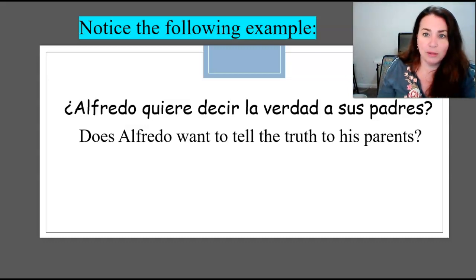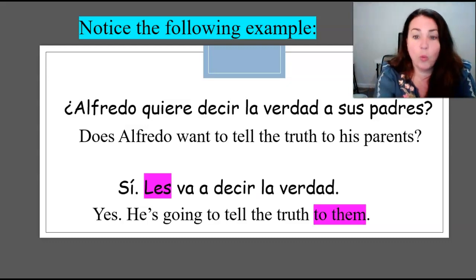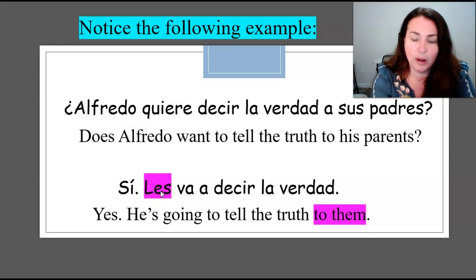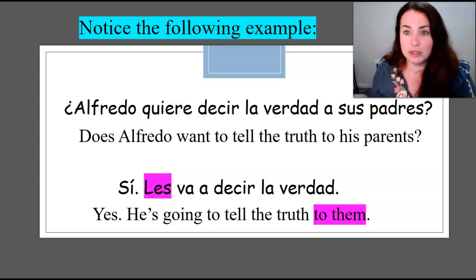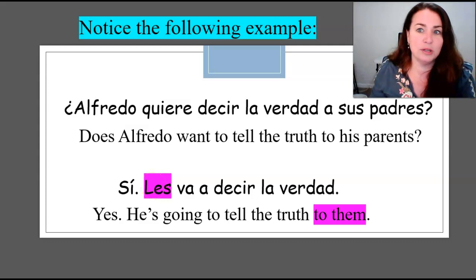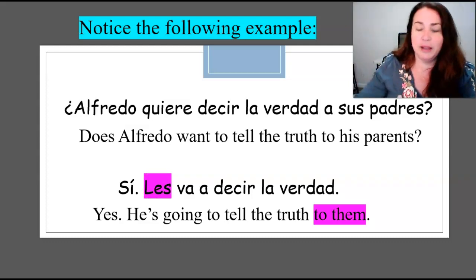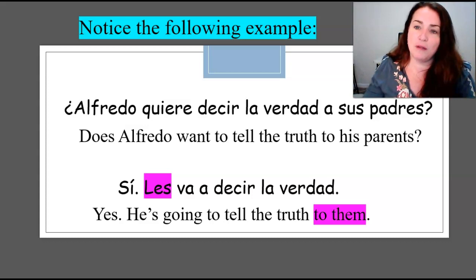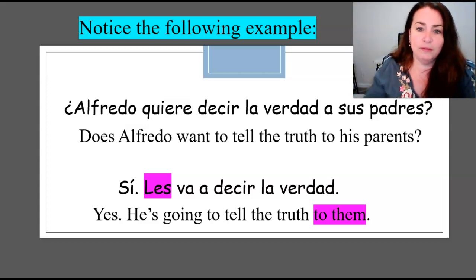So now that we've established who's getting the truth or who's buying the gloves or who's getting the cake, who the book's being taken from, then if we already know who that is, we don't have to say them again. So the answer is yes, he's going to tell them the truth. We already know who the them is. So we've replaced them, and we can get rid of it if we've already established who they are. If we have not established who it is, we're just saying something for the first time, it's the beginning of the paragraph or the beginning of the conversation, we have to leave the parents in there.